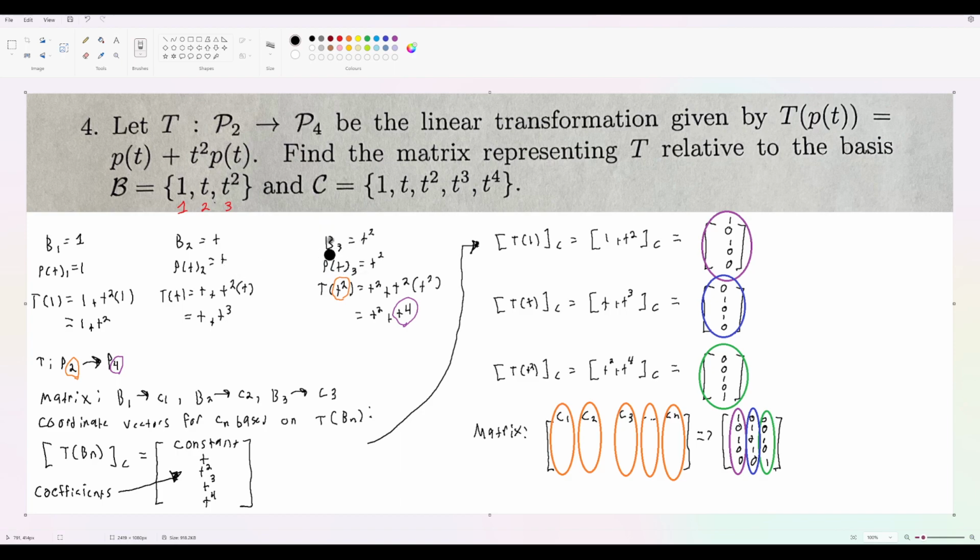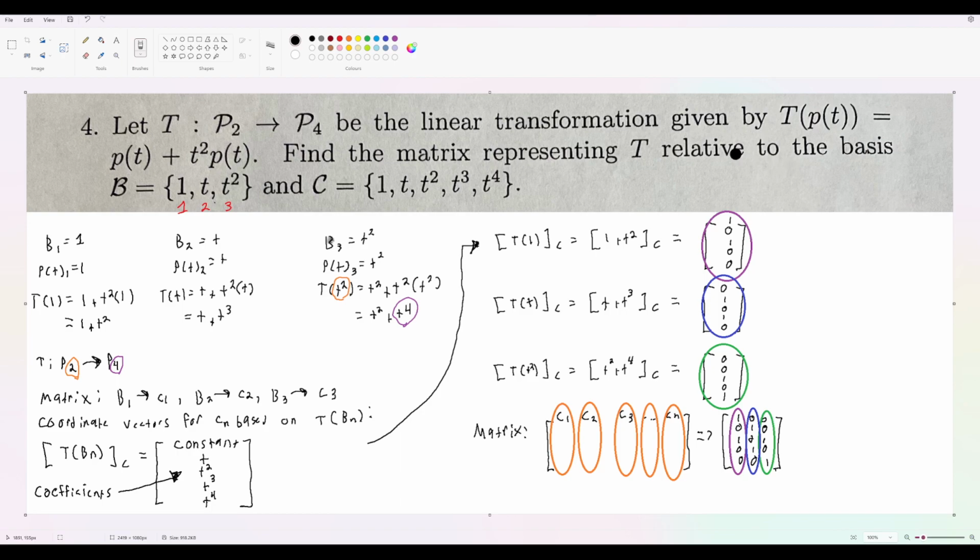Then we're going to plug our p(t)'s into our transformation over here. Since we have b1 equal to 1, p(t) is then equal to 1, which is T of 1, and we apply that here. We see that T(p(t)) goes to p(t) plus t squared times p(t).